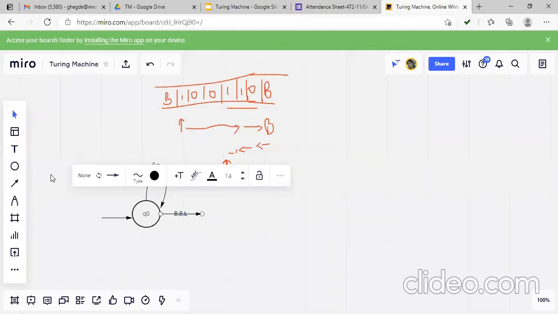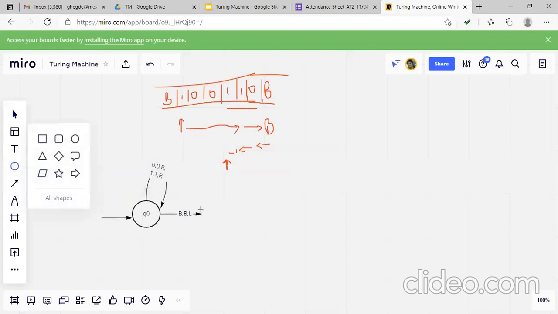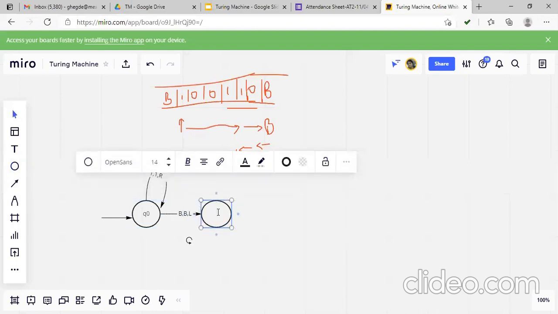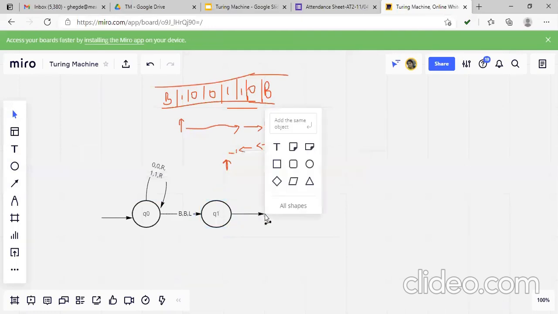Right? Okay? Then it is Q1. Okay, if I get a blank, keep it as it is and move left. What should I get? I should get a 0. है ना? I should get a 0.